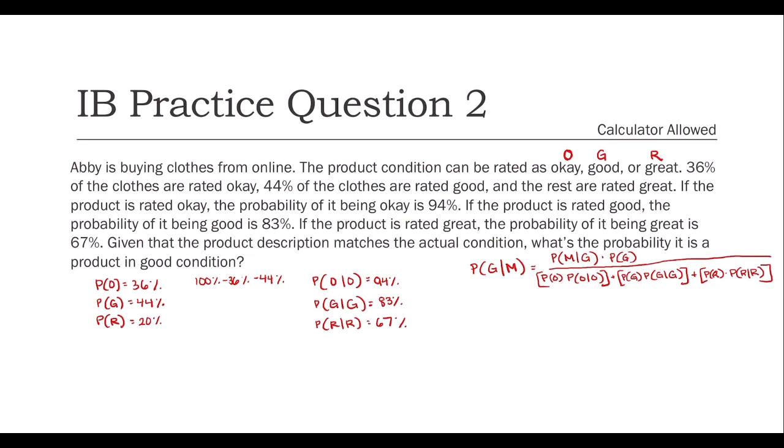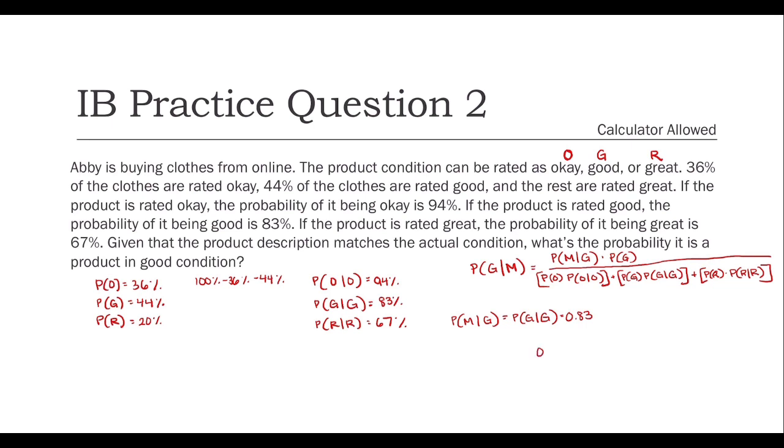So this is how we're going to calculate it. So the probability of it matching, given it's good, would equal the probability of a good one given it's good, because that's its probability of matching. So that's going to be 0.83 because it's 83%.